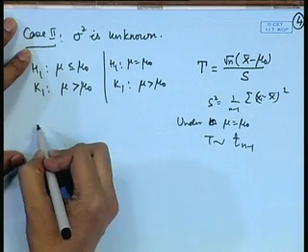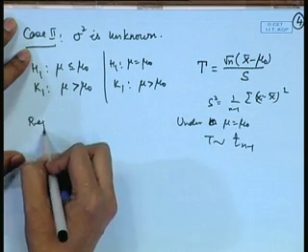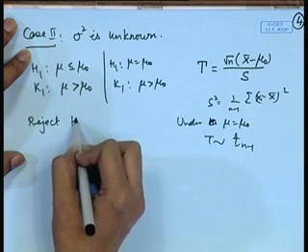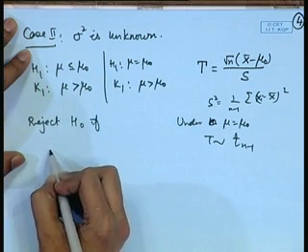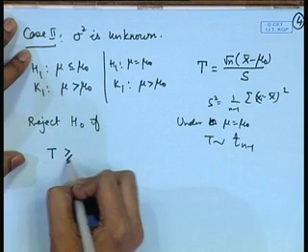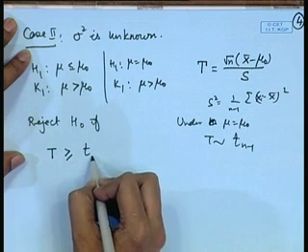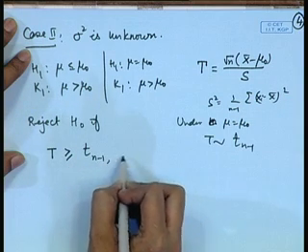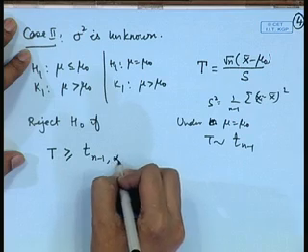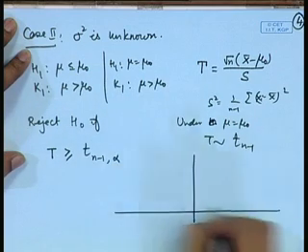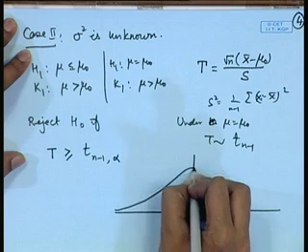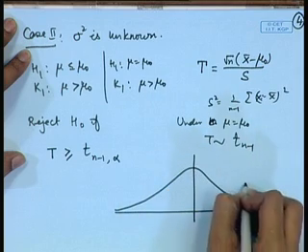So, what happens? The test will become: reject H naught if T is greater than or equal to t n minus 1, alpha. Like the standard normal distribution, the T distribution is also a symmetric distribution.